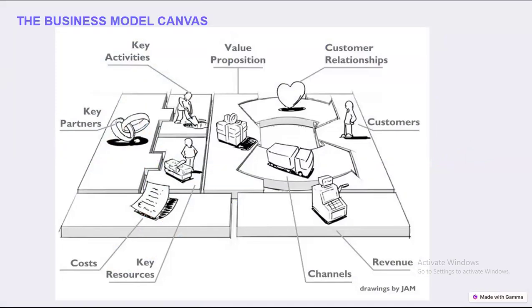This is how the canvas looks, and it has various elements. There are 9 elements in the business model canvas. You have the key activities, the value proposition, customer relationships, customer segments, revenue streams, channels, key resources, the cost structure, and finally, key partners.